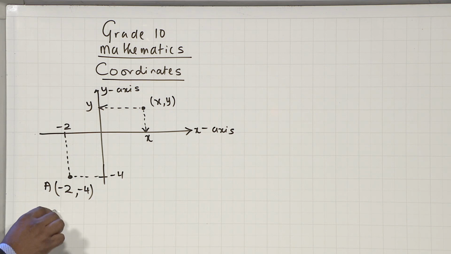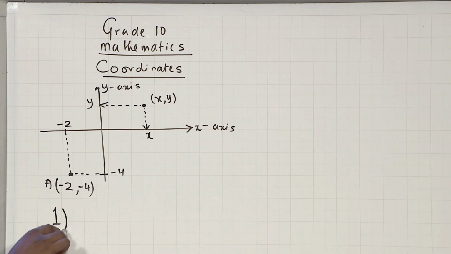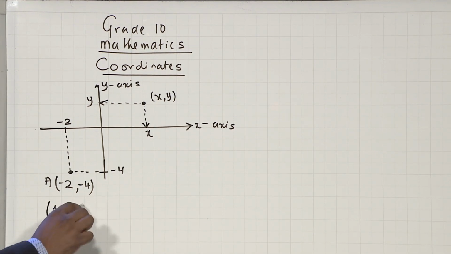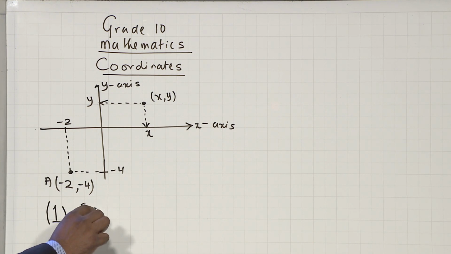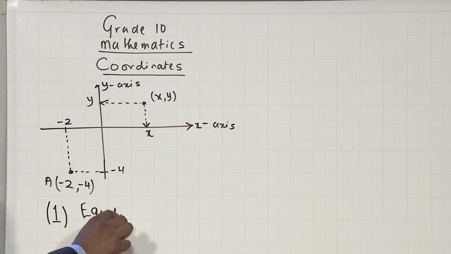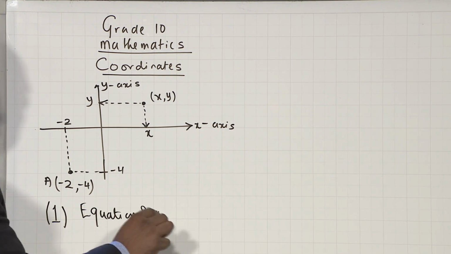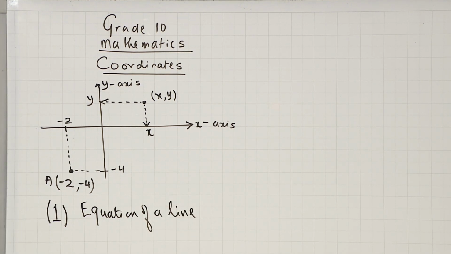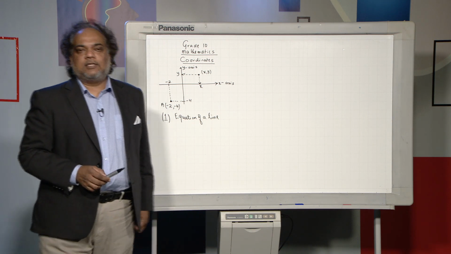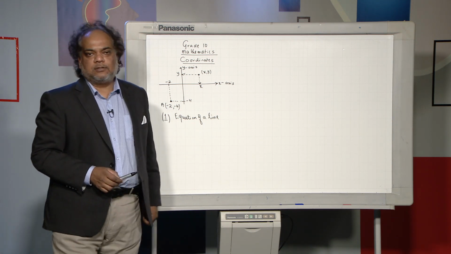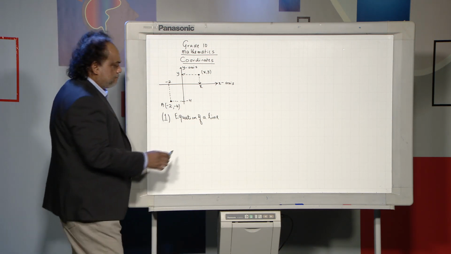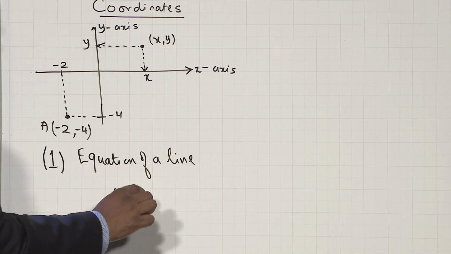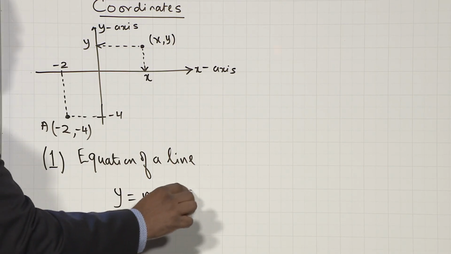Now, the first thing we're going to look at would be the equation of a line. If I ask you the question, what is the form of the equation of a line? I think everybody is aware.